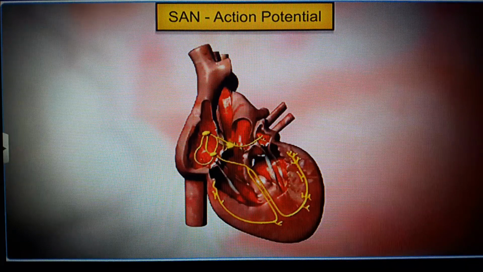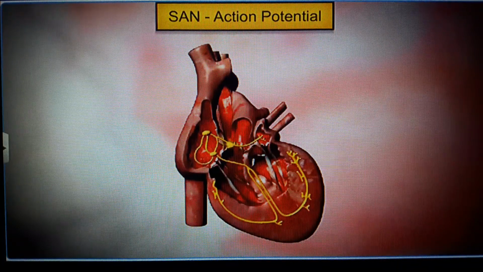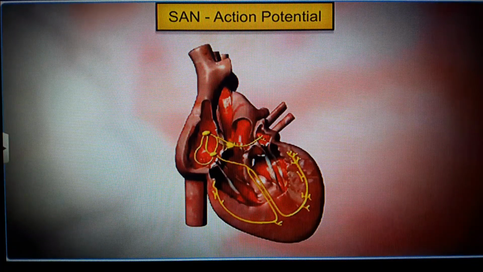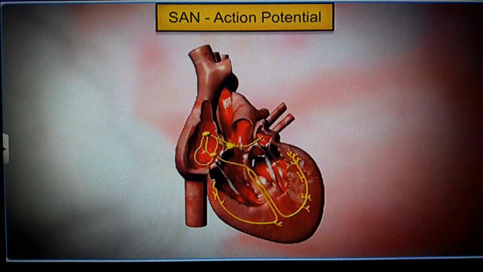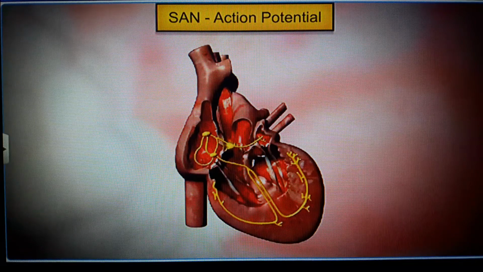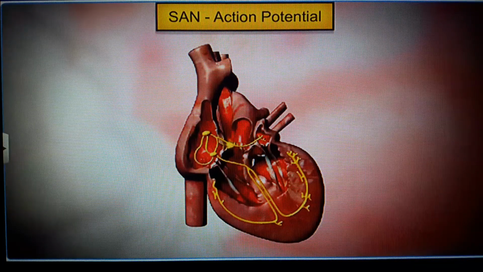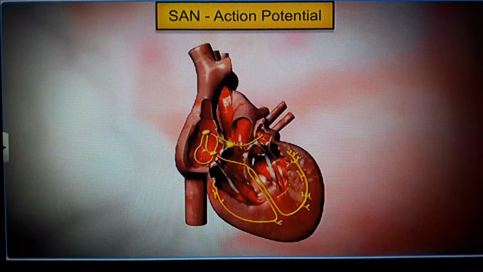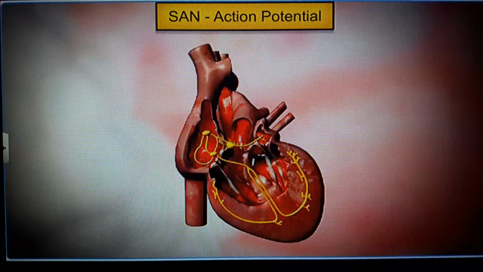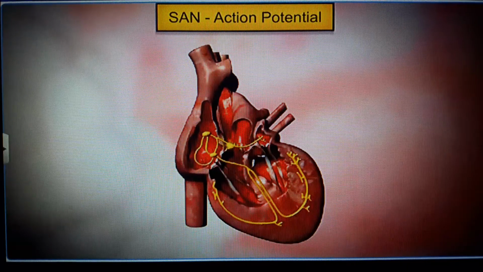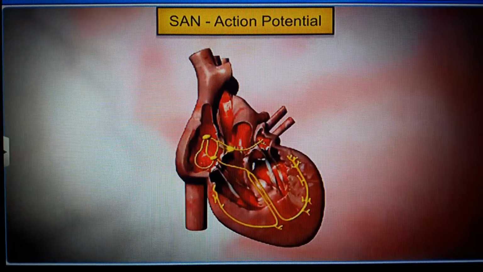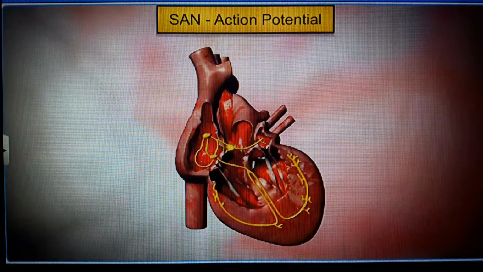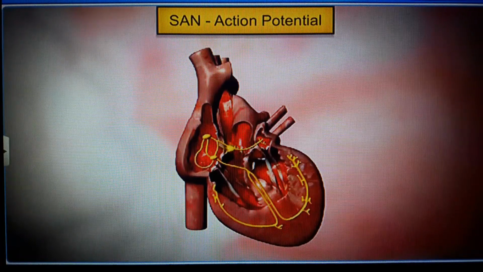Due to this high concentration of sodium ions and presence of open channels, sodium ions always tend to enter inside. This results in the rise of membrane potential and generation of action potential, causing excitation of the SA node. Friends, in this way, the SAN or sinoatrial node generates action potential.